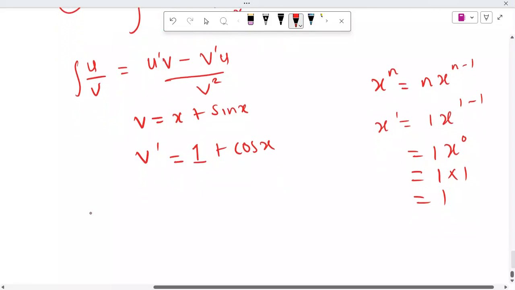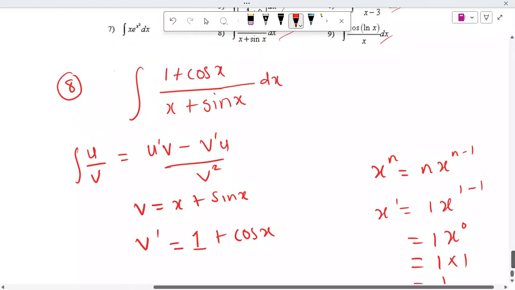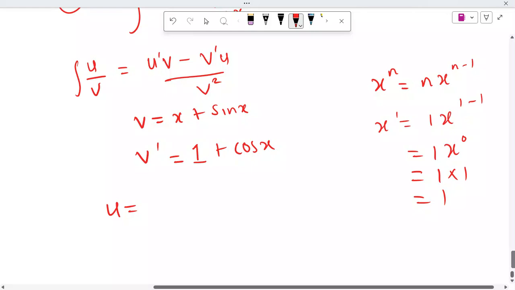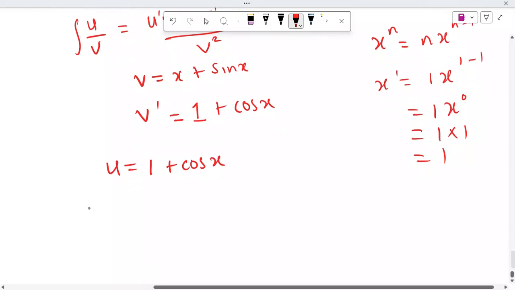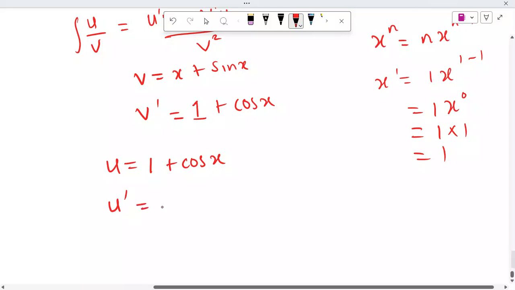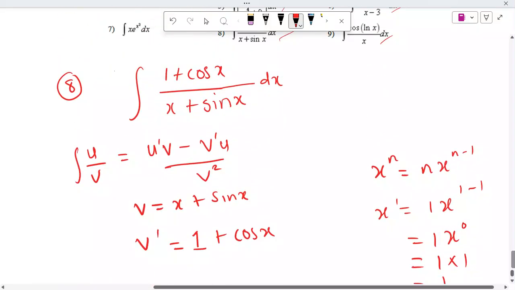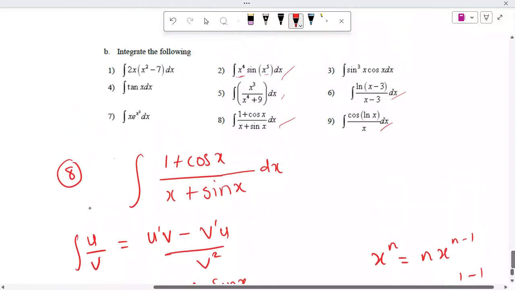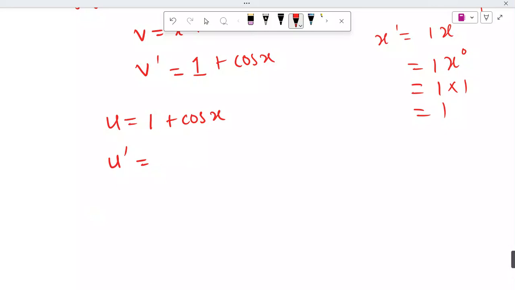Okay, next let's go to u. u is the numerator. What is on the numerator? 1 plus cos x. So u prime, which is the differential of this, is 1 differentiated, which is a constant.